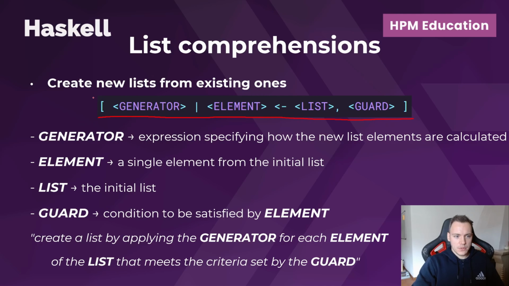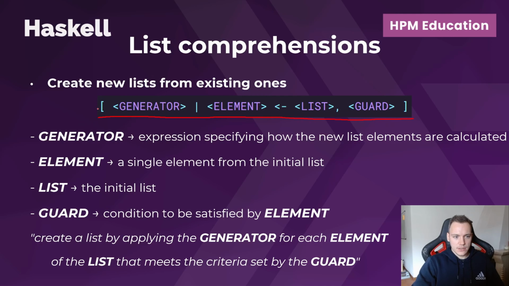So we have open brackets, signifying a list. Then we have a generator, separated by a vertical line, and then an element taken from a list, so a left arrow and the list, and finally an optional guard.